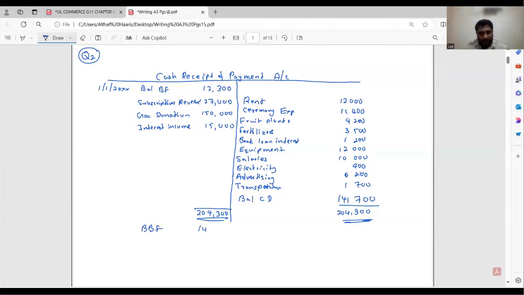Yes. Hope these numbers are correct. Perfect.